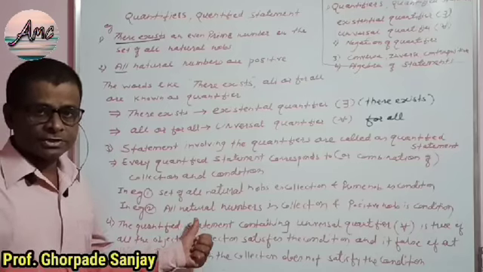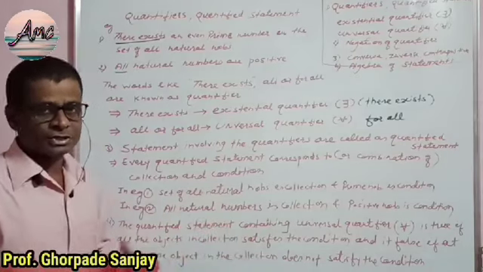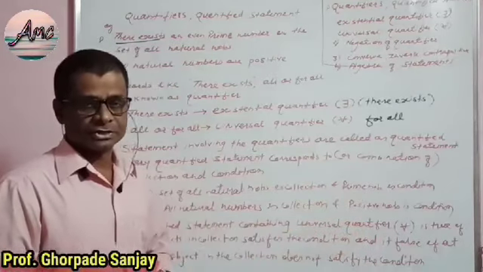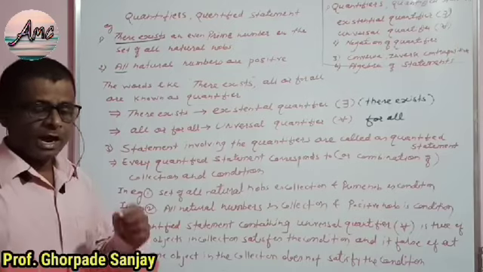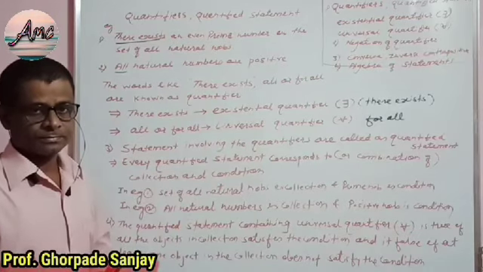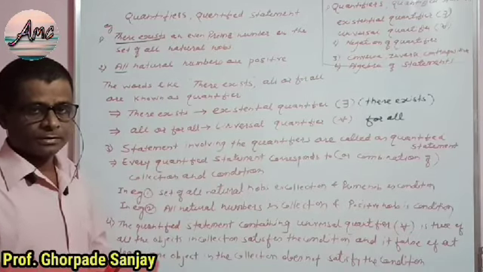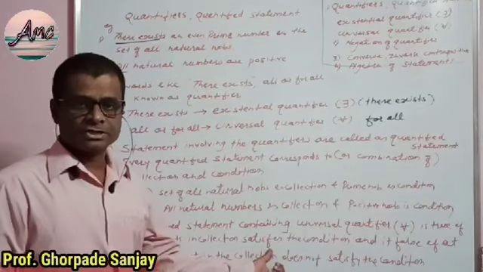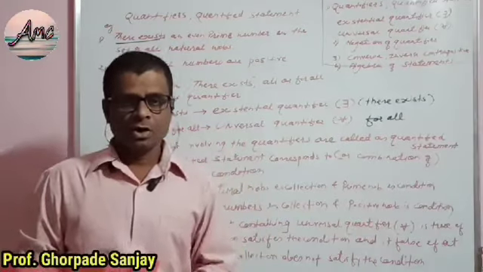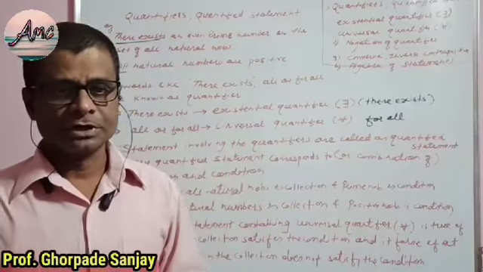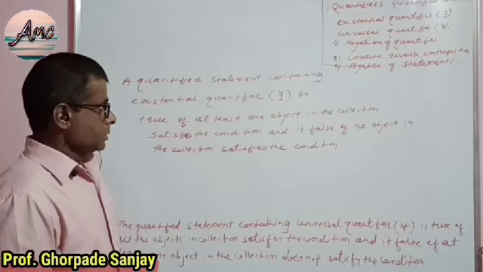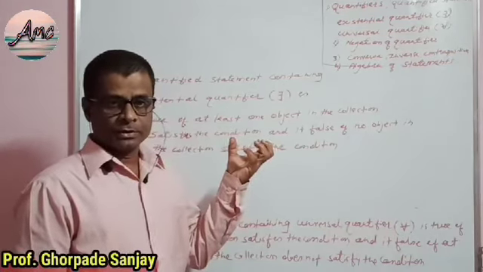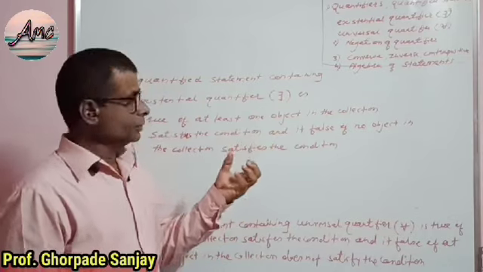When will the quantified statement be true? A quantified statement containing a universal quantifier is true if all the objects in the collection satisfy the condition. And it fails if at least one object in the collection does not satisfy the condition. And when will an existential quantified statement be true?